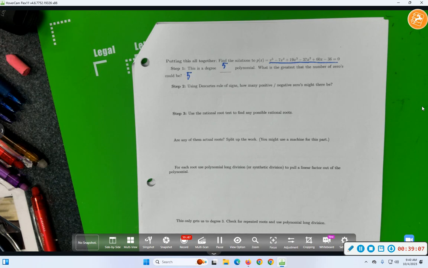And let's get some positive and negative information. Using Descartes' law of signs, how many positive roots could there be? The rule is 5 is good.